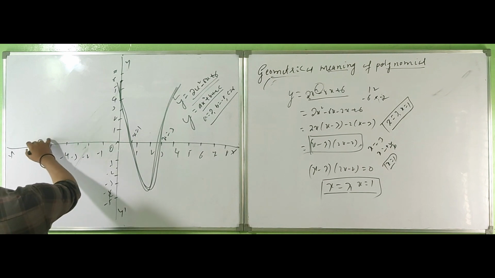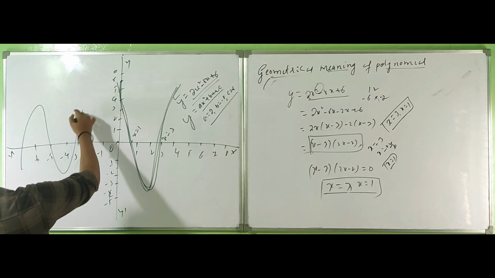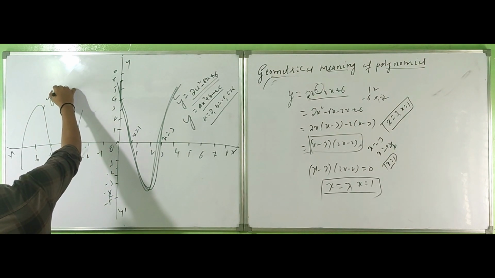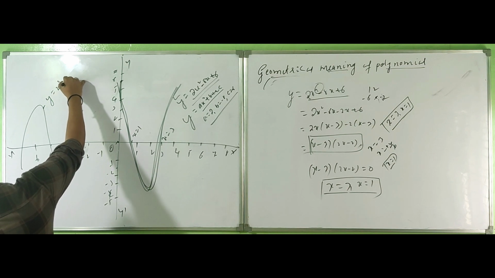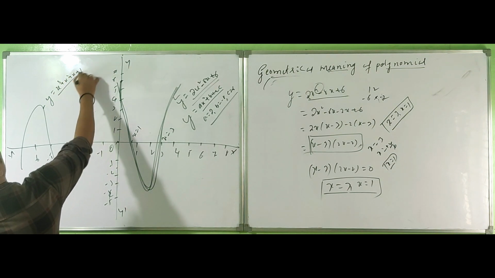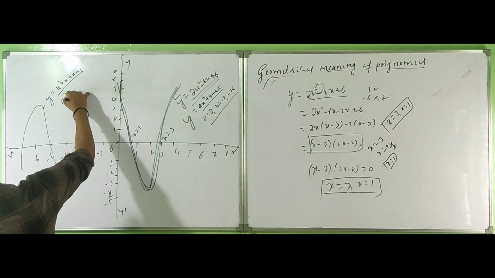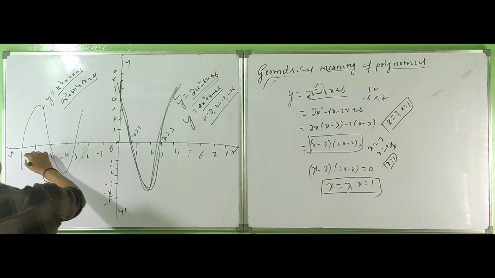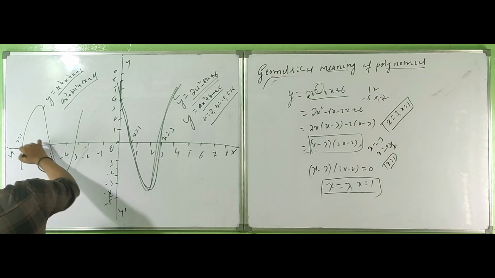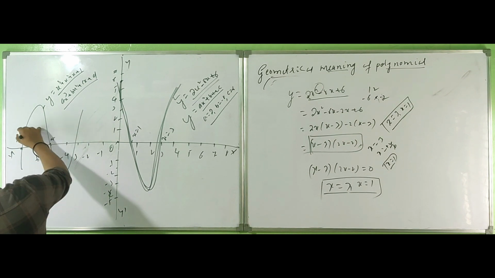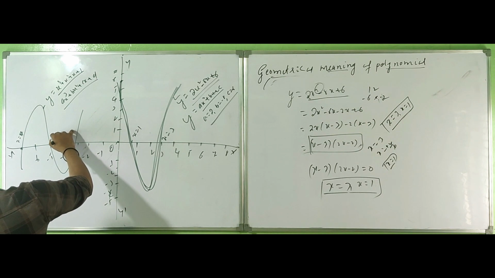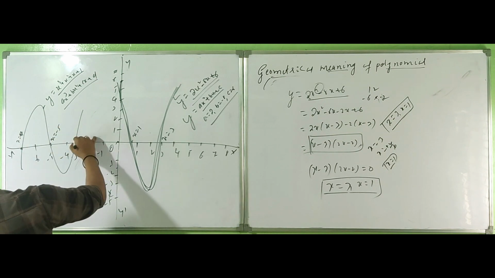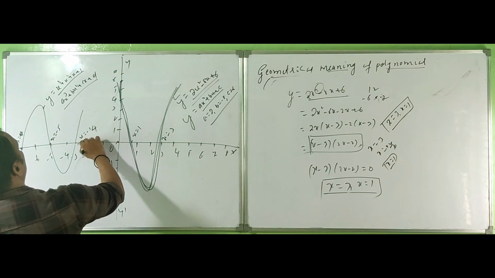This is y is equal to x cube plus x square plus x plus 1, that is ax cube plus bx square plus cx plus d.